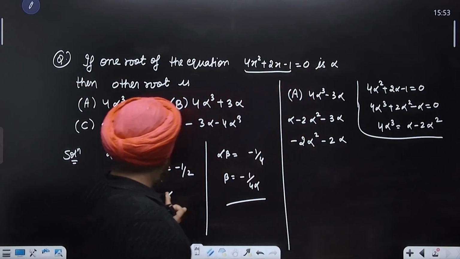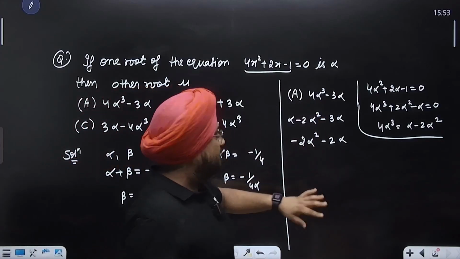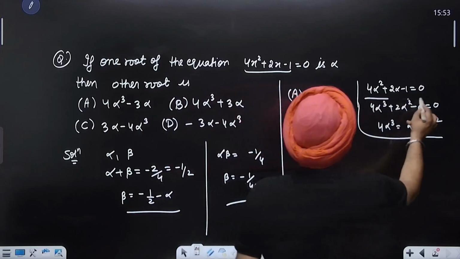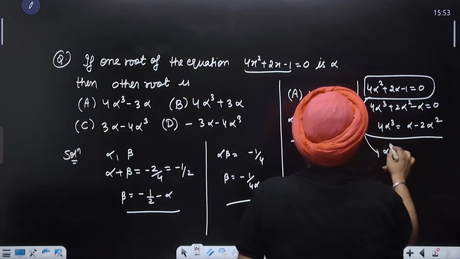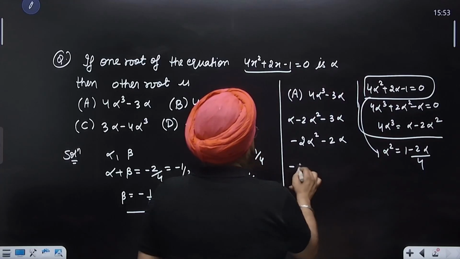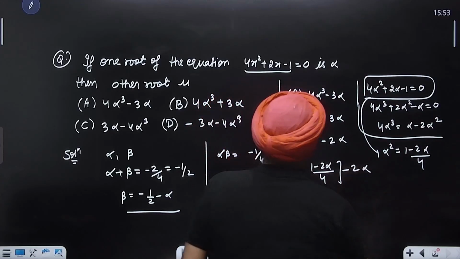See, the other root is minus 1 by 2 minus alpha. So we want to convert this expression in terms of alpha only. So we can write alpha square as 1 minus 2 alpha by 4. So minus 2 times 1 minus 2 alpha by 4, minus 2 alpha.